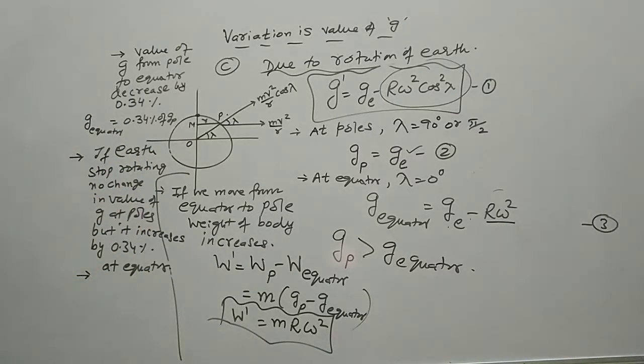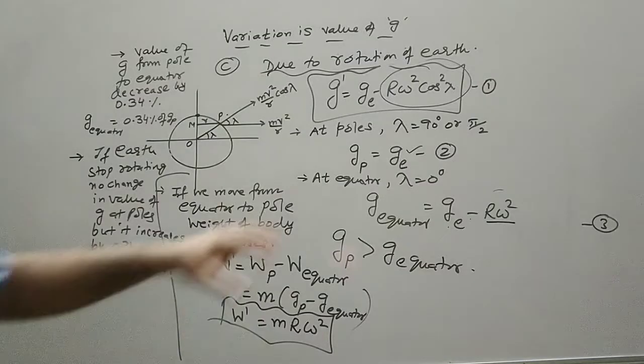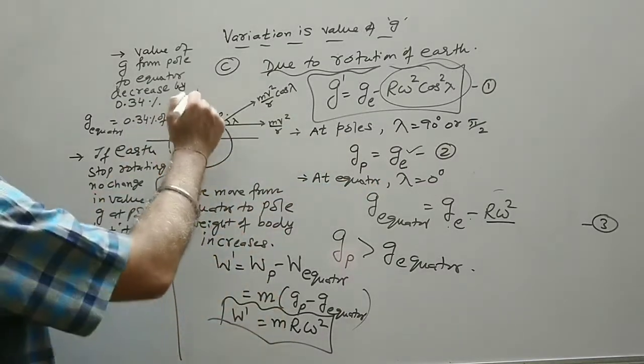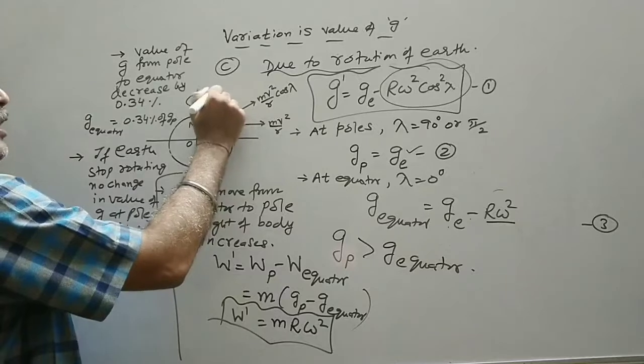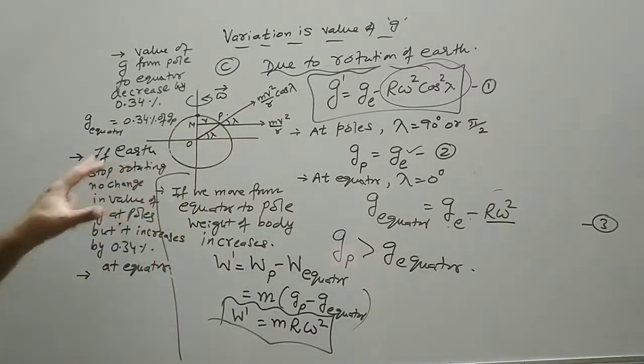Now we will do the numericals related to this. What will happen if the speed increases or decreases? This is about the Earth stopping rotation. But it has been found that if the Earth starts rotating faster, then the value of g will change and the duration of the day will also change.